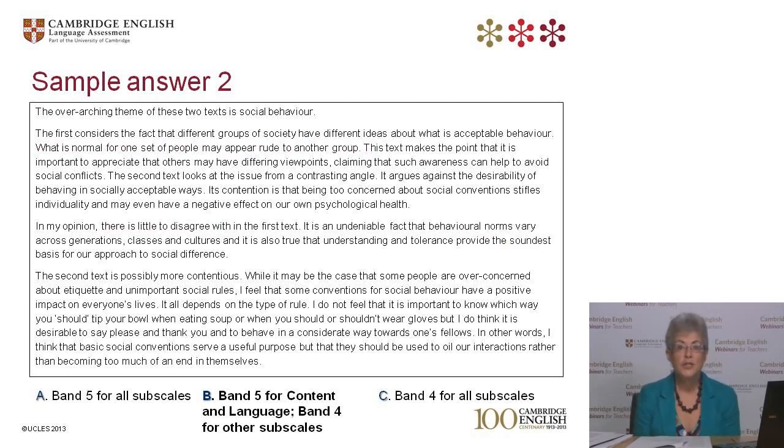For communicative achievement and organisation, the answer was awarded a band 4. The candidate uses the conventions of the essay to communicate complex ideas in an effective and convincing way, holding the target reader's attention with ease and fulfilling all the communicative purposes.